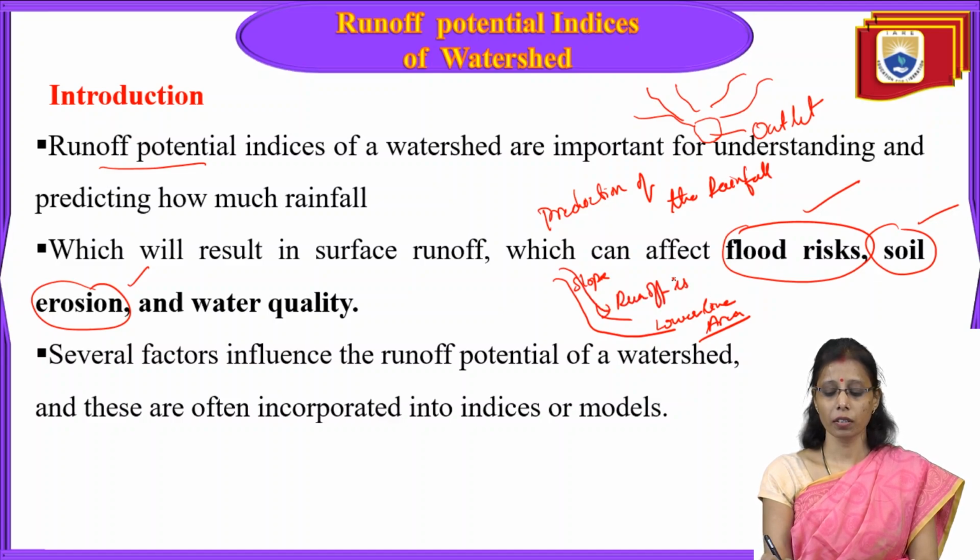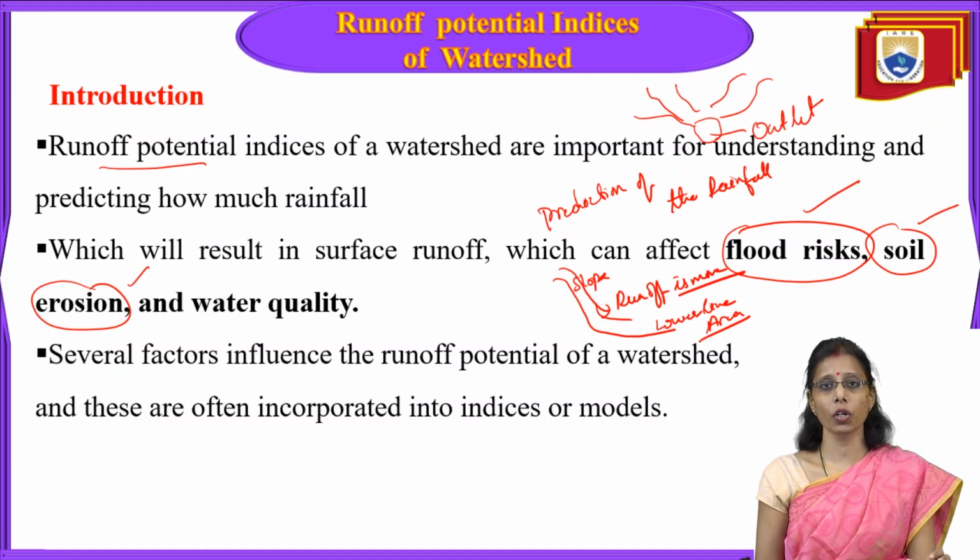When it comes to the low-lying area, the runoff will be less and the seepage of water will be more. Here the groundwater quality will be better compared to the hilly areas, where the runoff is more. So flood risk and soil erosion will occur.